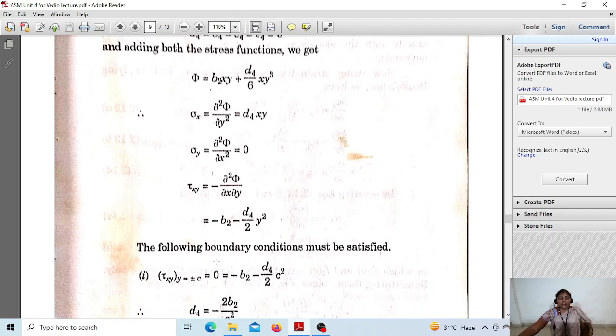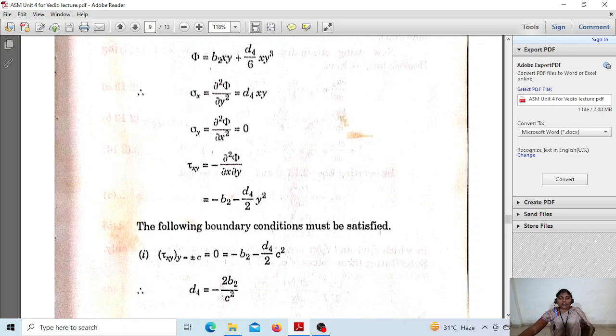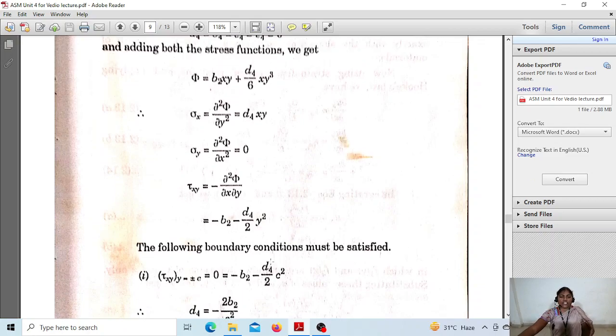Now the boundary conditions must be satisfied. Whenever you are differentiating, you get constants b2 and d4, and these constants should be evaluated using some boundary conditions.